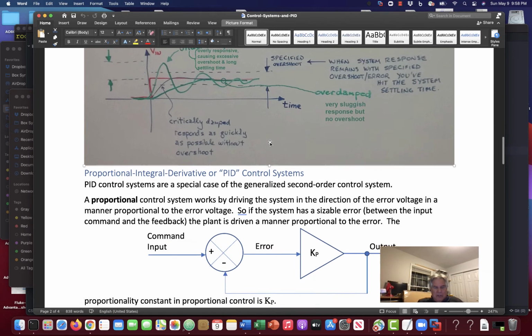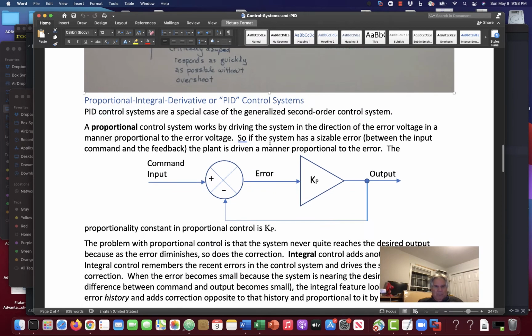But proportional, integral, and derivative control systems are different. A proportional control system works by driving the system in the direction of the error voltage in a manner proportional to the error voltage.